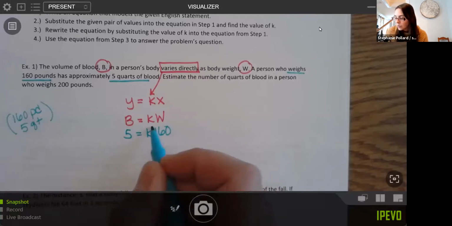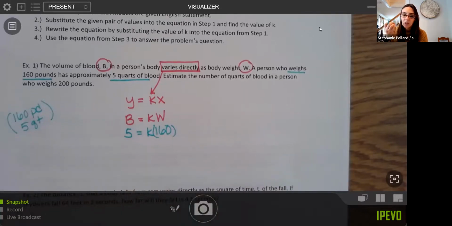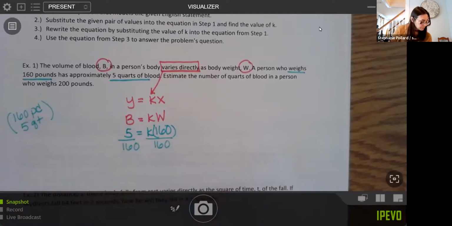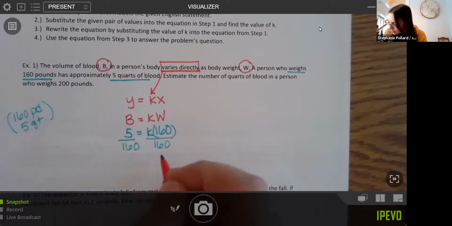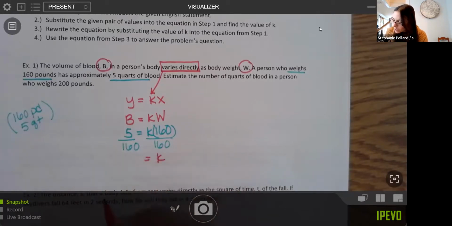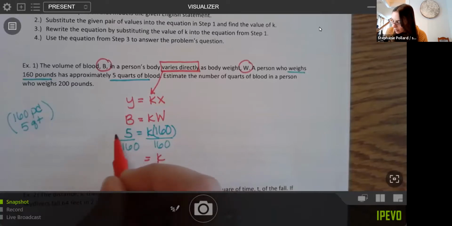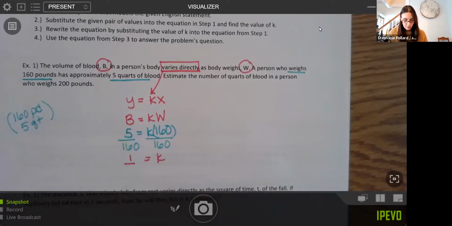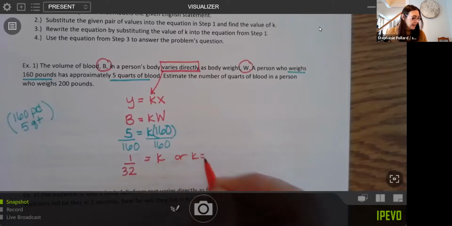So you should have some sort of pair of information that's given to you, and then you can plug it in and use that to solve. So I can simplify this, dividing both by 5, and I would have 1 over, and then 160 divided by 5 is 32. So your k value here is 1 over 32, or you can also put it as a decimal.